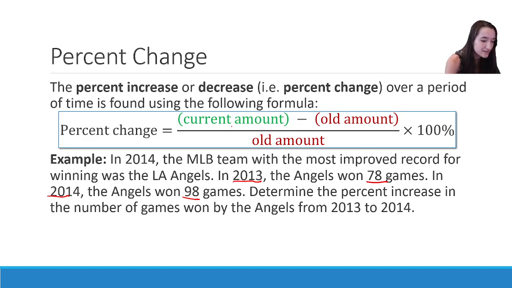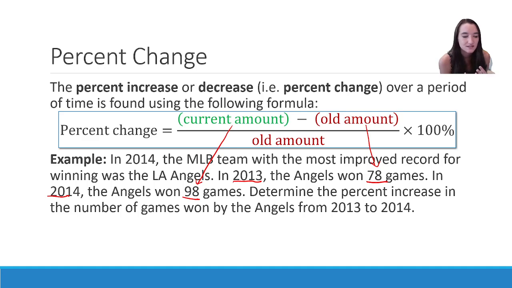With that in mind, we're going to label that our current amount is going to be the one that is the most current. That's what I mean by current amount. It's the one we're comparing, the changed version versus the old version. Okay? So current and old are the terms I'm going to use. You might see this same formula using different words.